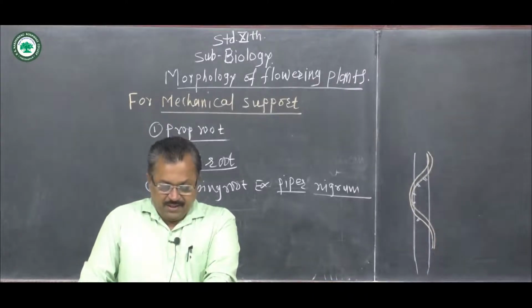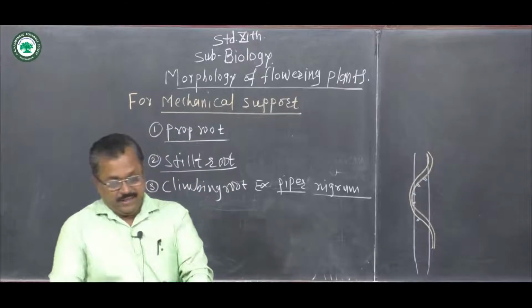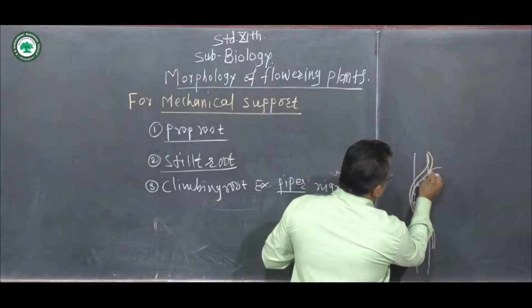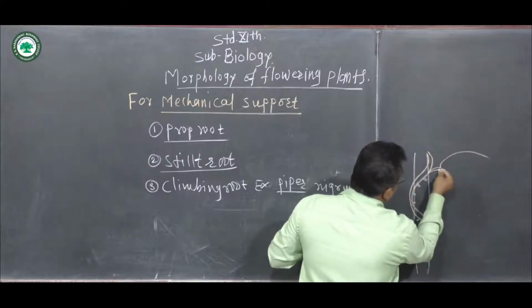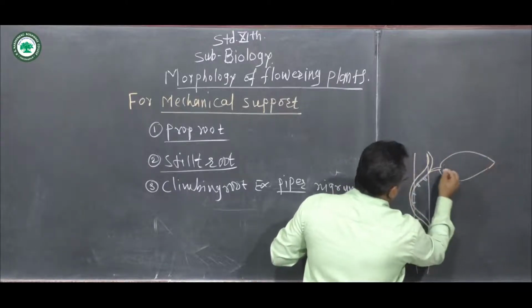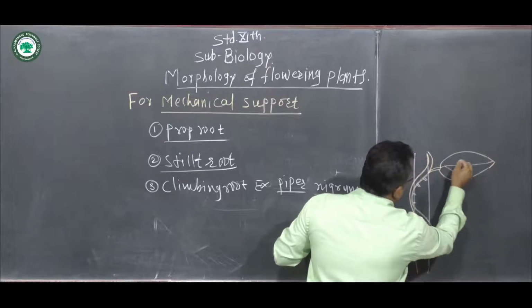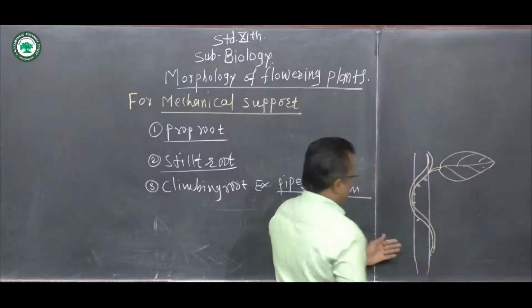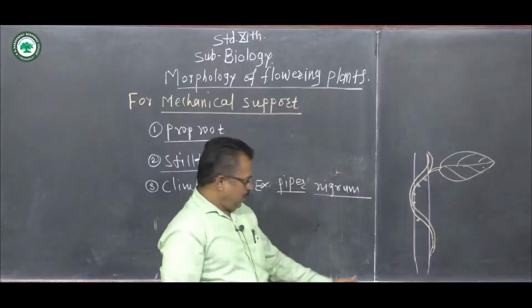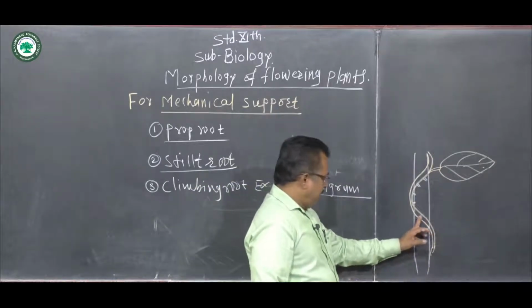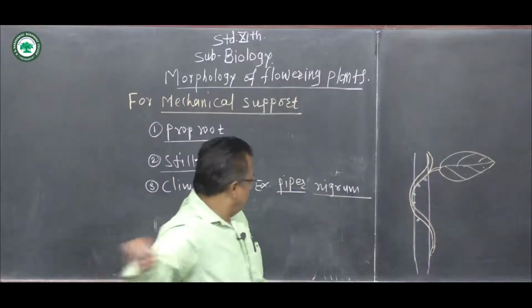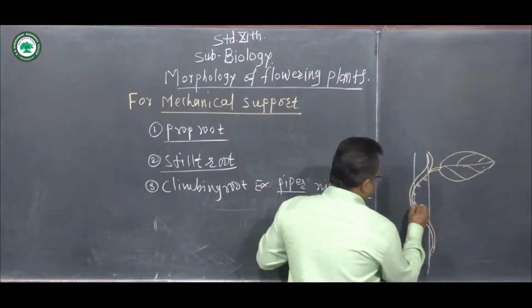For example, betel leaf or pan, like these plants. Such plants grow on other plants, and for support they provide such climbing roots.